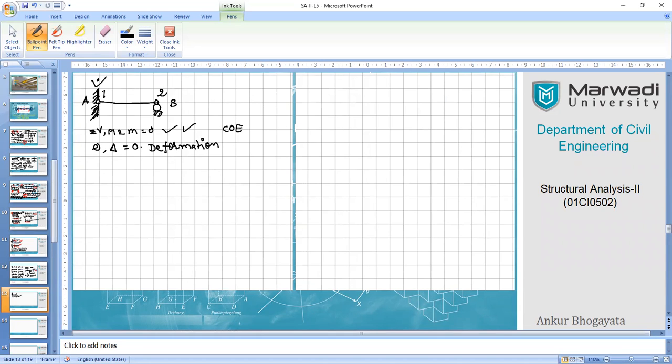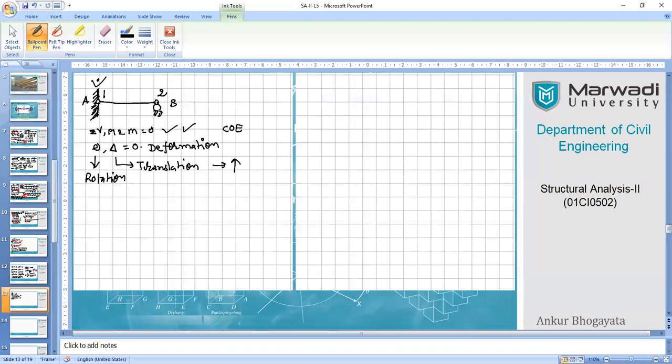So for the fixed end, the deformation in terms of rotation, and the translation, may be in the horizontal or vertical direction. That means the deflection should not be permissible. So rotation as well as deflection both should be 0, and then only can we categorize this joint as a fixed joint.